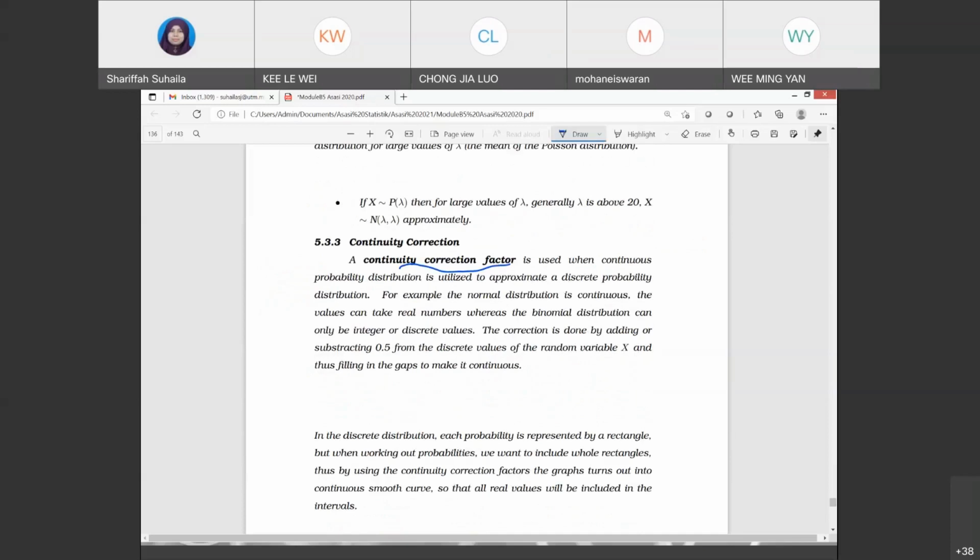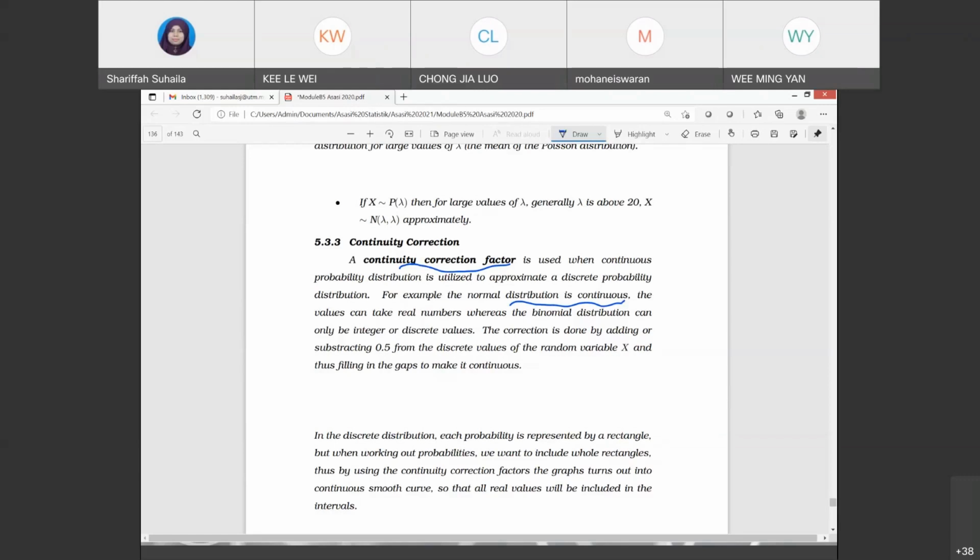Pembetulan keselanjaran. So a continuity correction factor is used when a continuous probability distribution is utilized to approximate a discrete probability distribution. For example, the normal distribution is continuous, the values can take real numbers, whereas the binomial distribution can only be integer or discrete values. If we look at the normal distribution, it is continuous.